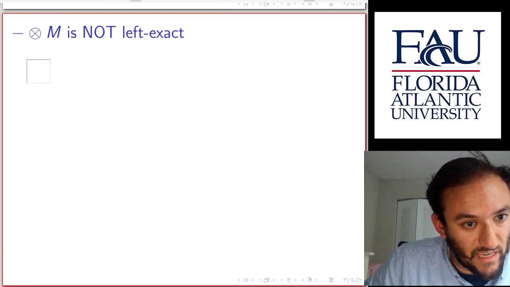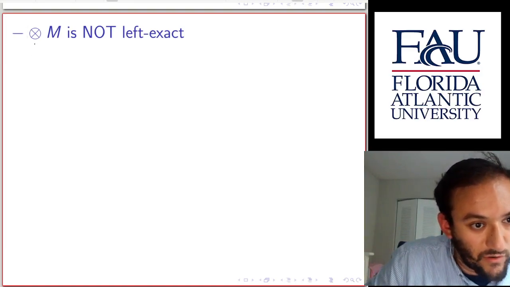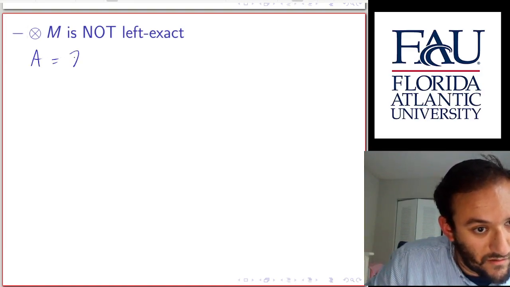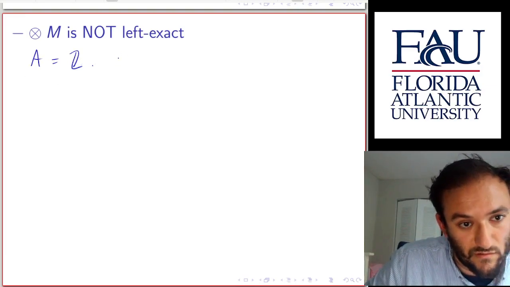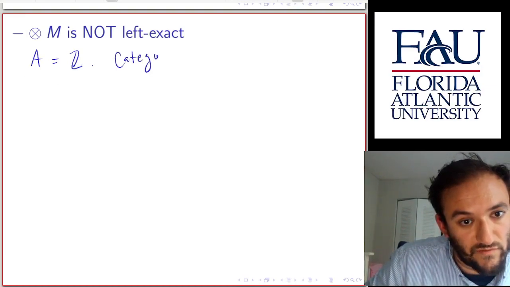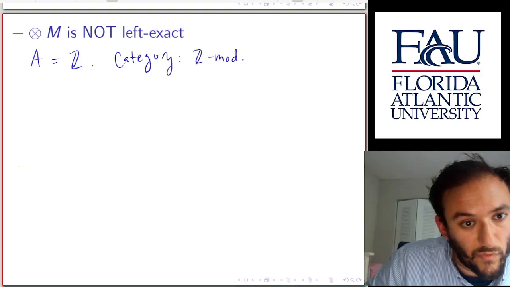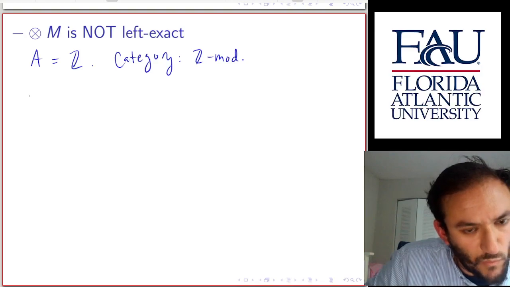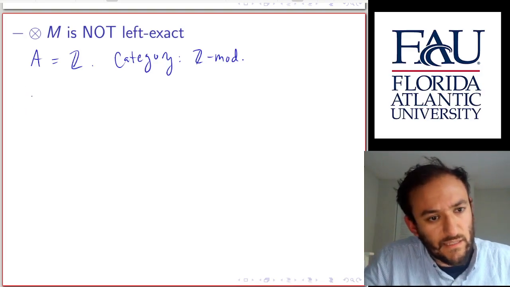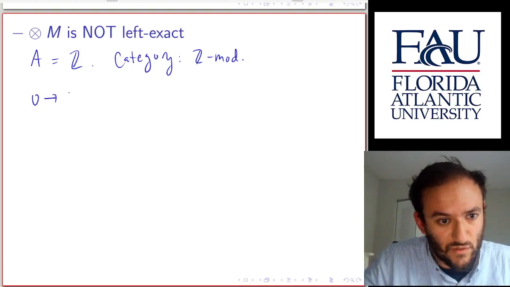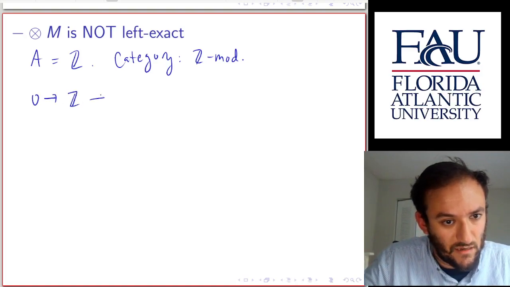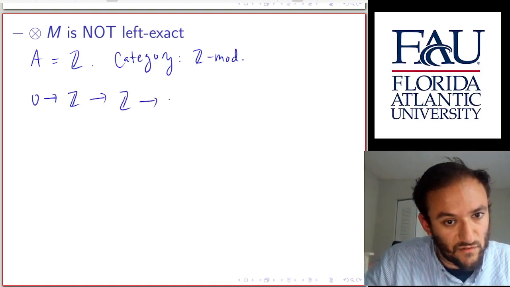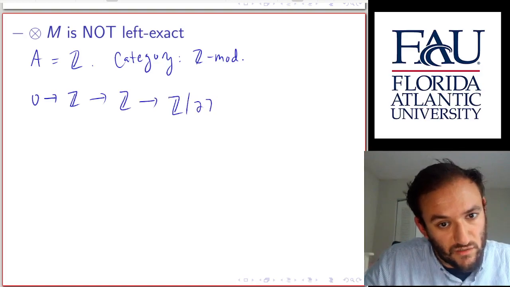So we're going to take A to be Z, and now we're in the category of Z modules. And we're going to take the following exact sequence. We have 0 maps to Z, maps to Z, maps to Z mod 2Z, maps to 0.